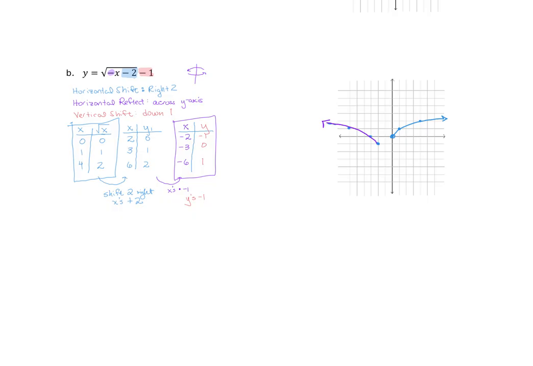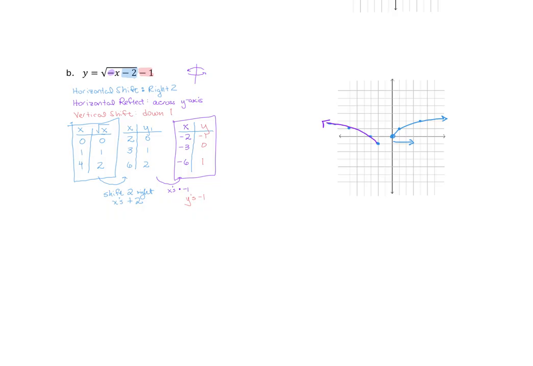So notice that what we have done here is I have shifted all of my points to the right 2.